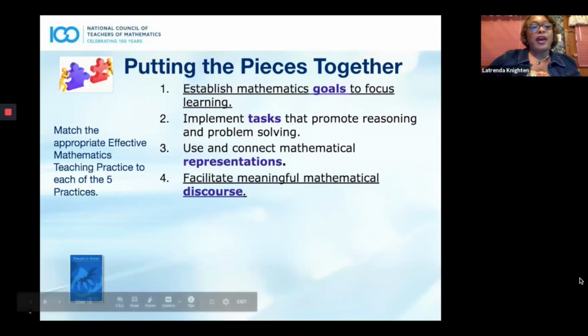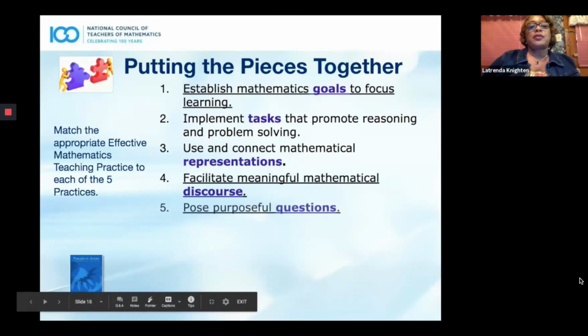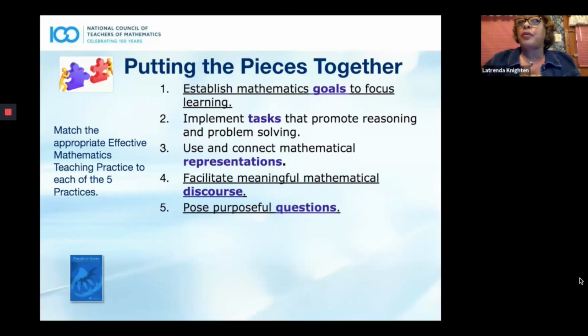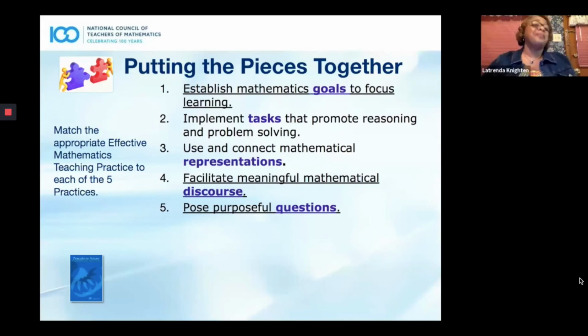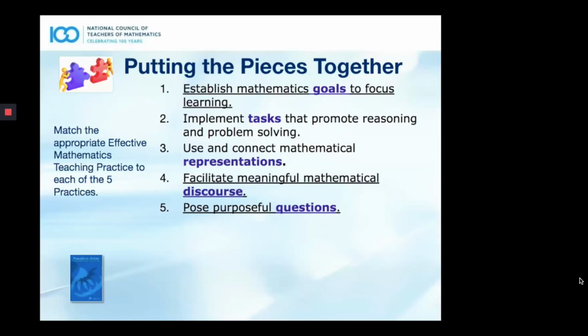And then whenever I think about number 4, facilitate meaningful mathematical discourse, I always think about posing purposeful questions. And so we also have some, there comes purposeful questions, but we have some connecting student solutions and sequencing. And some all of them again.